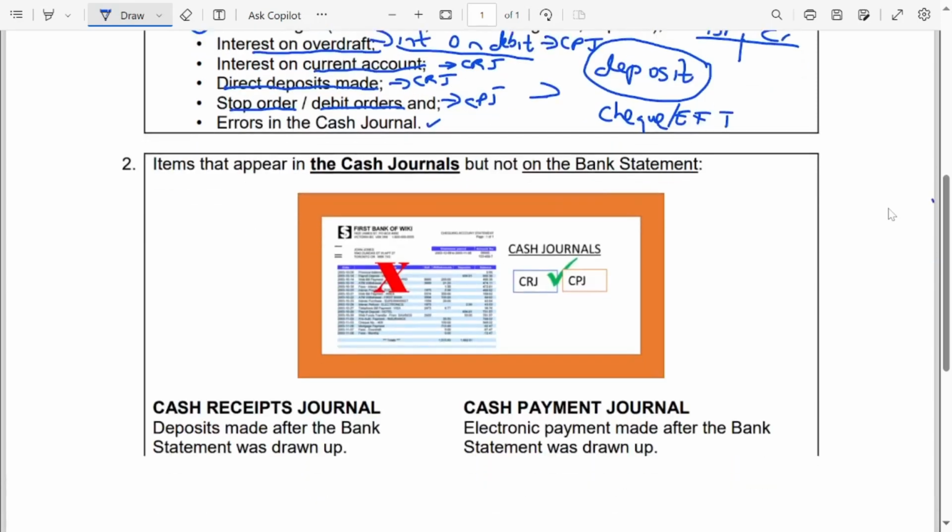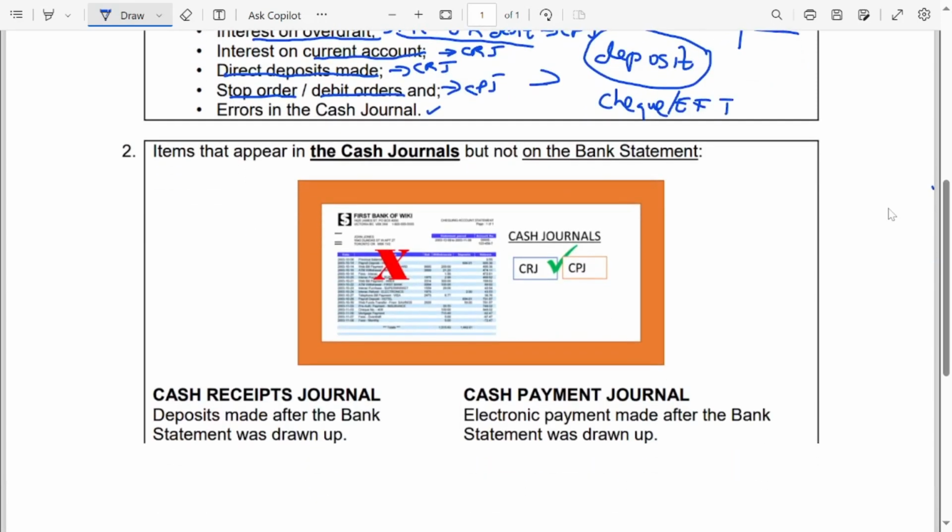And then we have the items that appear in the cash journals but not in the bank statement. Those items must be recorded in the bank reconciliation statement, BRS. They must be recorded in the bank reconciliation statement.